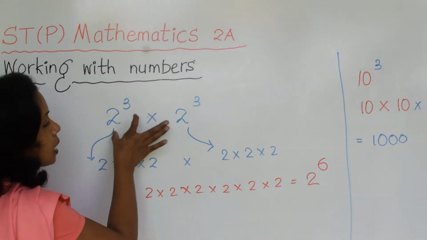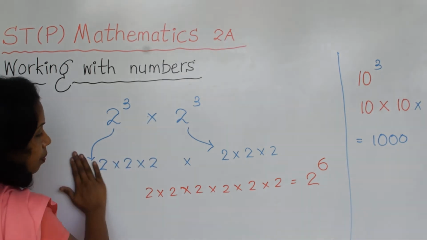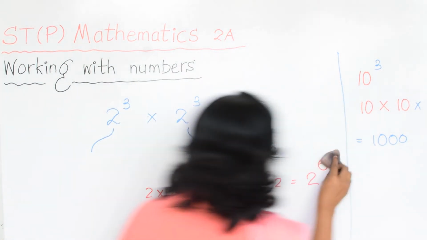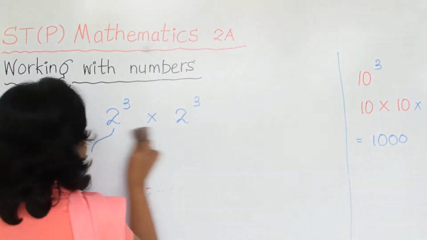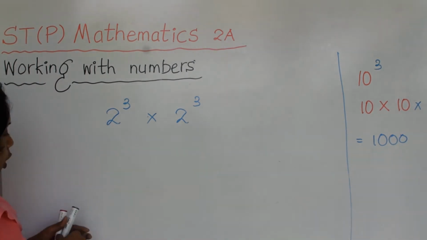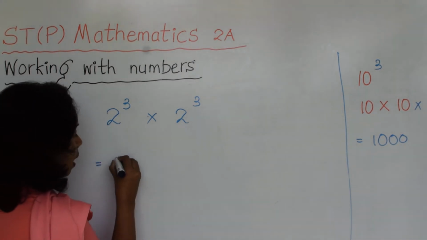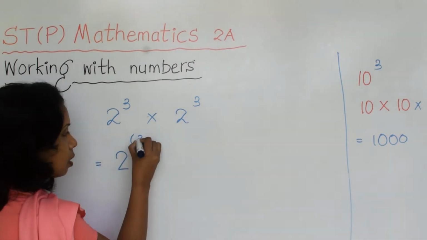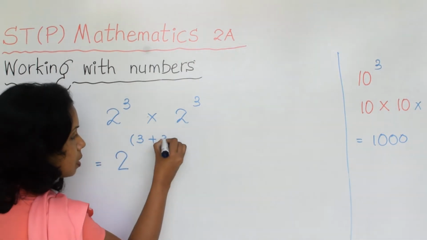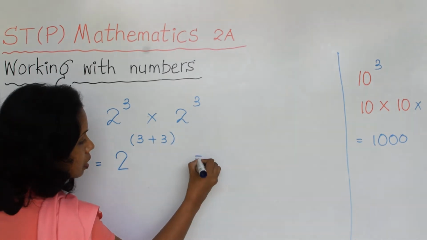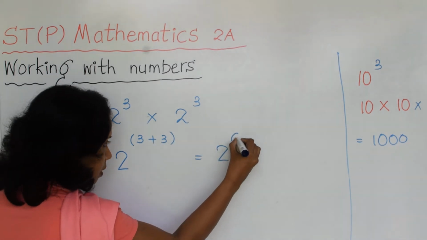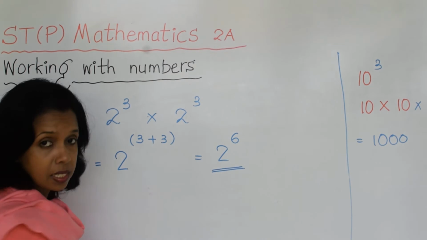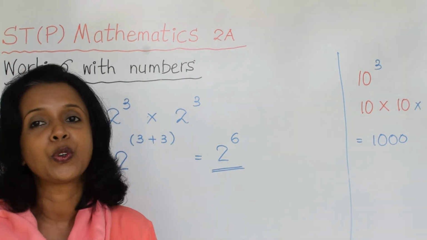If the bases are equal and it is a multiplication, what you want to do, children, is write the base value as it is, and within brackets 3 plus 3, the answer is 2 to the power 6. Understand? So this is how you want to add.